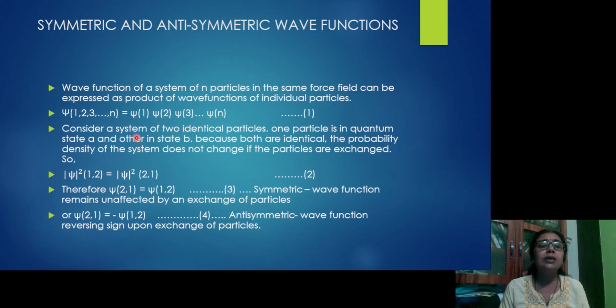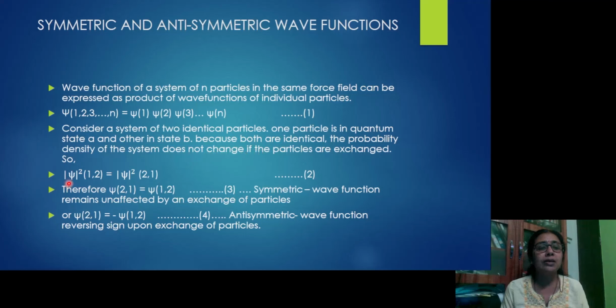Now consider that the system has only two identical particles, identical in all the properties. So one particle is in quantum state A and the other is in state B. Because both are identical, the probability density of the system does not change if the particles are exchanged.